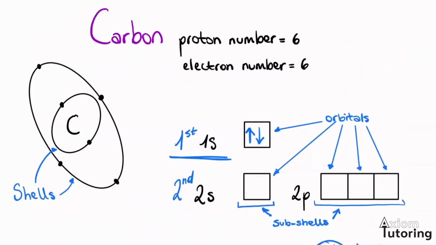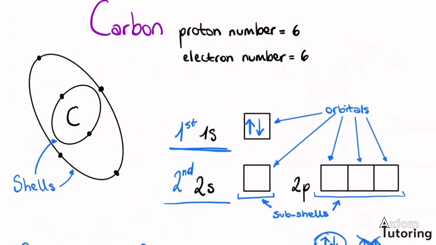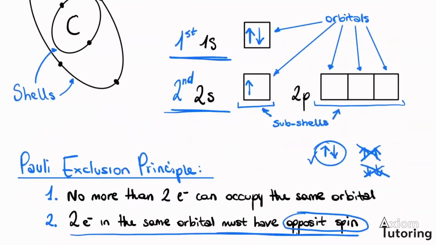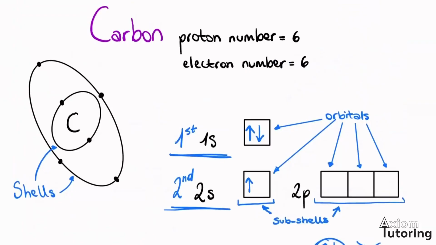And then for our next electrons, we'll move on to the second shell. In our first subshell, we'll put the third electron. And then following Hund's rule, we have to move on to the P subshell, where we add our fourth, then fifth, and our final electron.